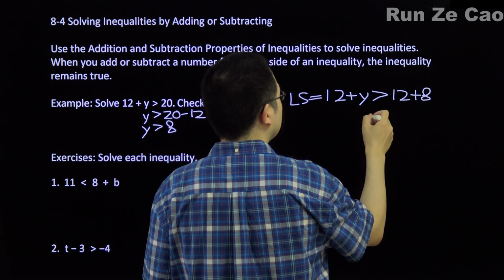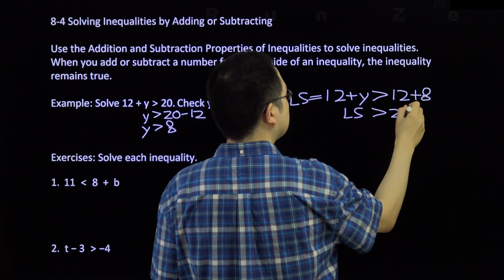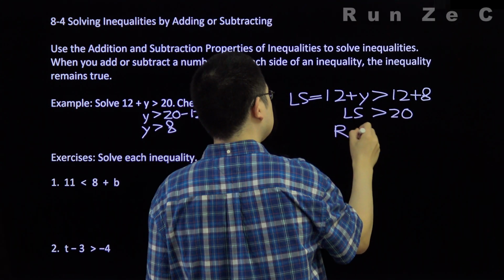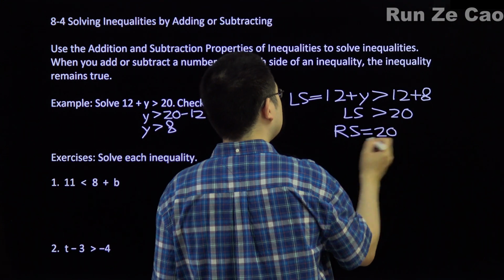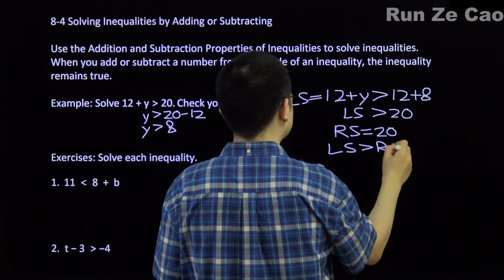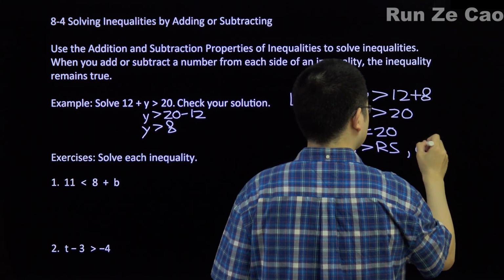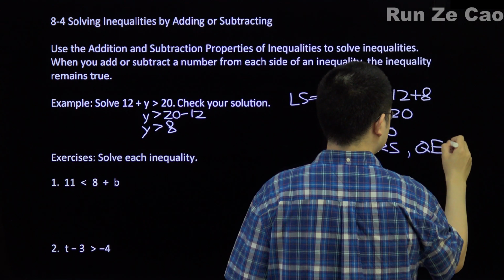That means left side is greater than 20. Right side equals 20. Thus, left side is greater than right side, as we wanted. So QED.